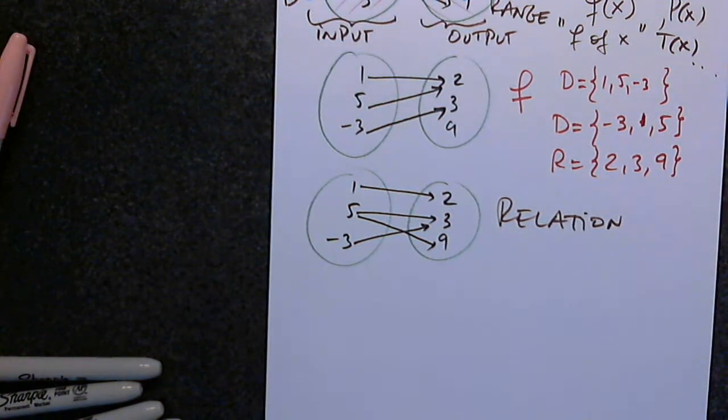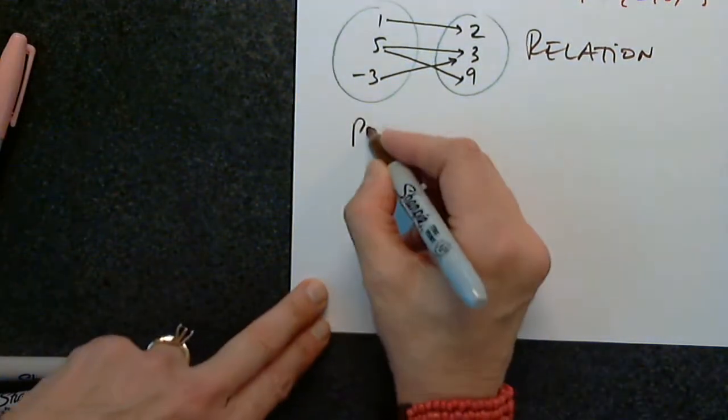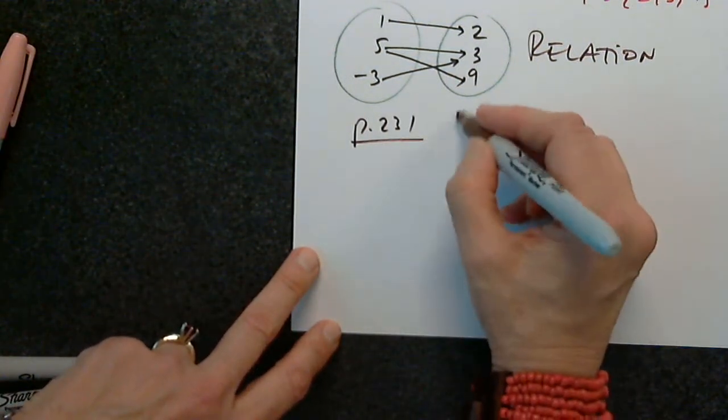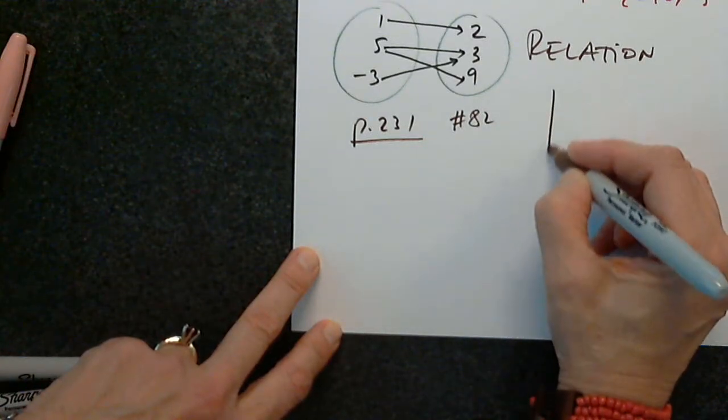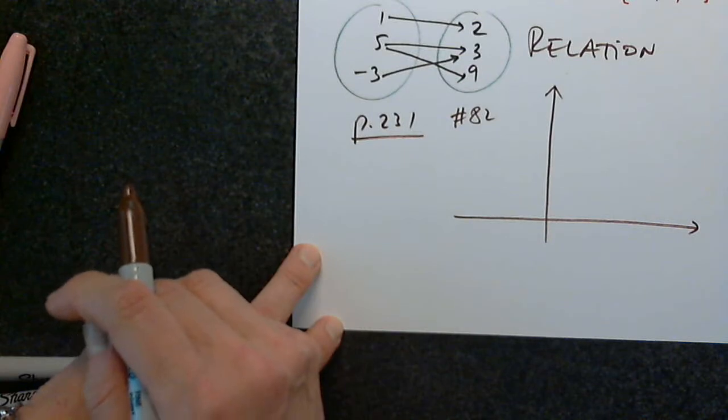Okay. I would like us to look at a couple of graphs. For example, on page 231, here's a graph, problem 82. I'm going to copy it for everyone to see.